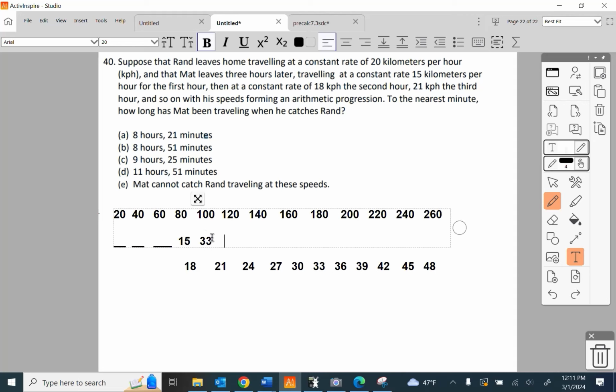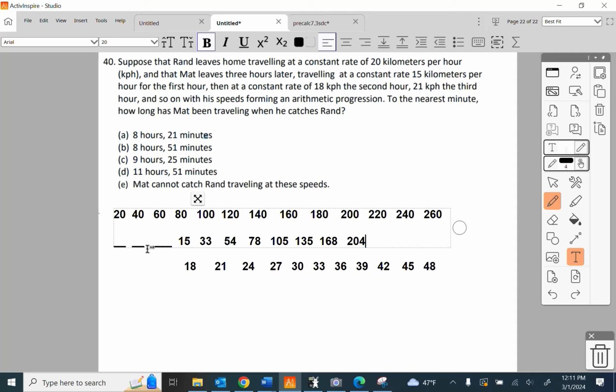So at the next interval, we're at 54, then we're at 78, then we're at 105, then we're at 135. Now we're sitting around what, 168? And now we're going to catch him. Sometime here we're going to catch, because we're going to add 36 and get to 204.